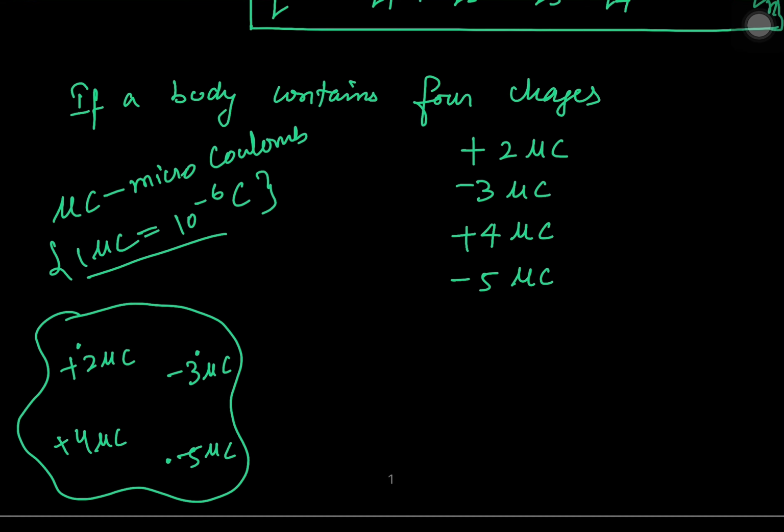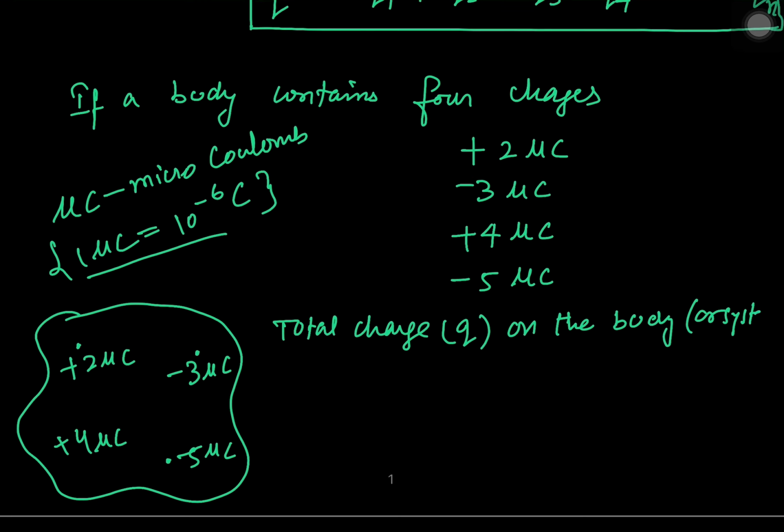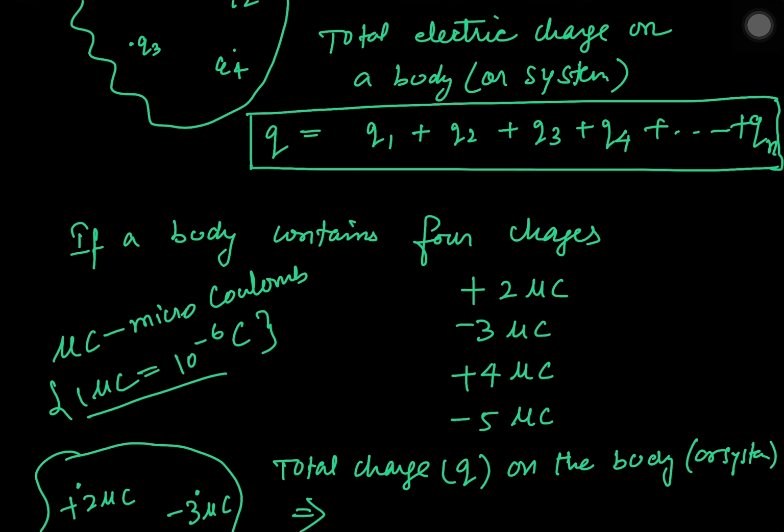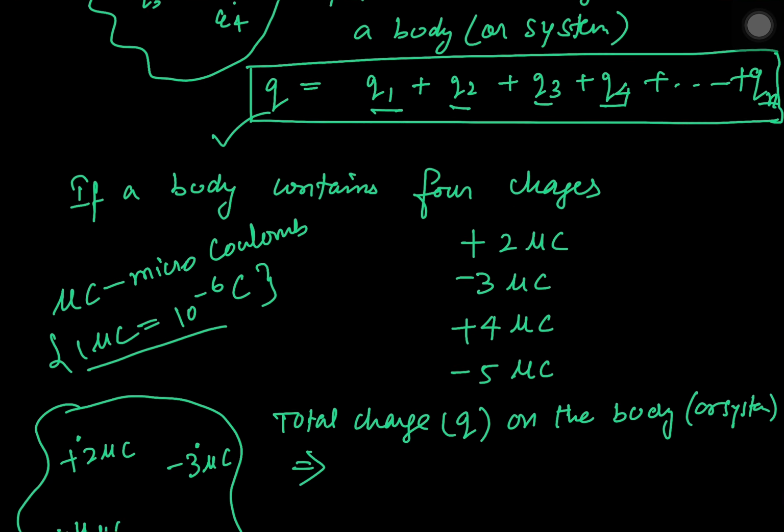So what is the total charge Q on the body? The total charge Q on the body or system, according to the previous one, is the sum of the algebraic values of the individual charges.